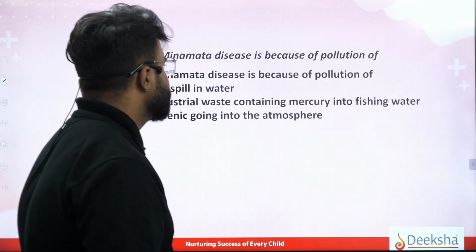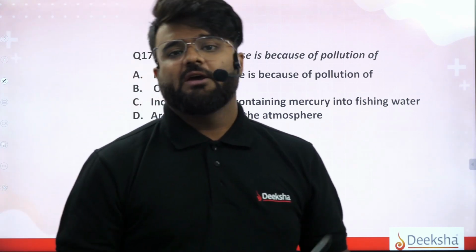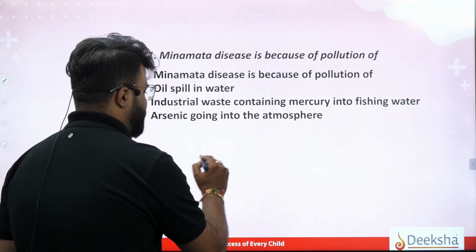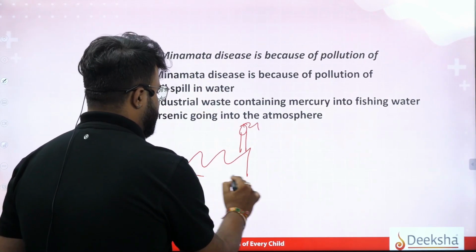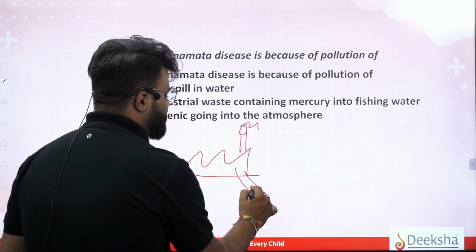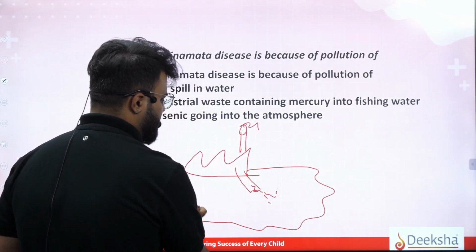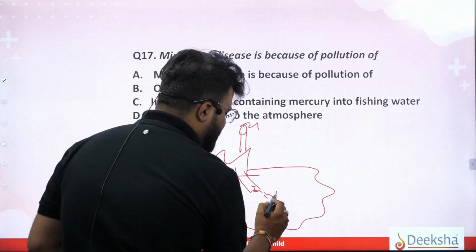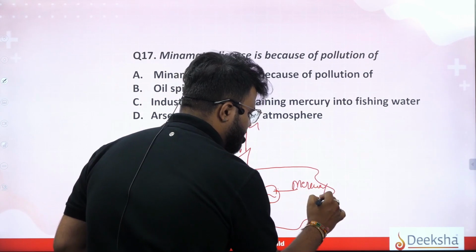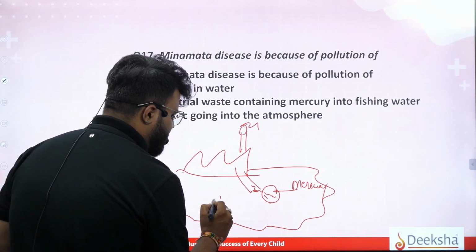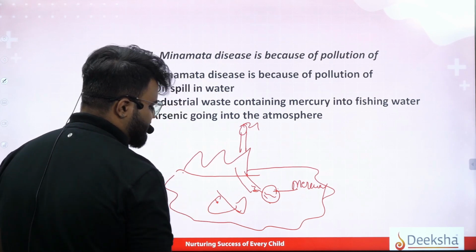Minamata disease is because of the pollution of what? Minamata disease, what is it? It is from an industry. This industry will leave waste water, waste material, into the sea. This waste material will contain mercury. The fish will take in this waste material.